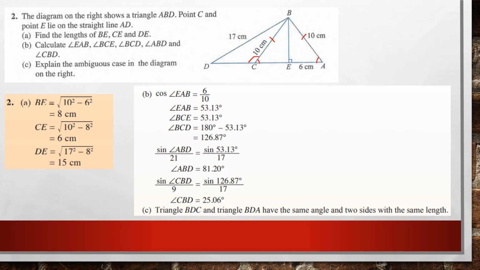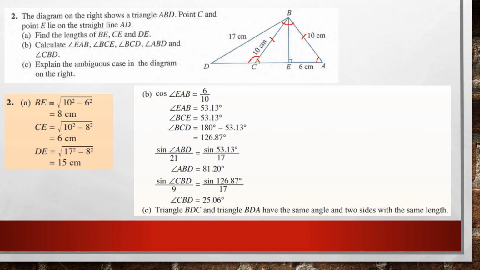Next, they ask to calculate the angle ABD. ABD is the whole angle here. So you know one of the pairs is angle A, that is 53.13, and the opposite length is 17. For angle B, the opposite length will be AD. So how to find AD?